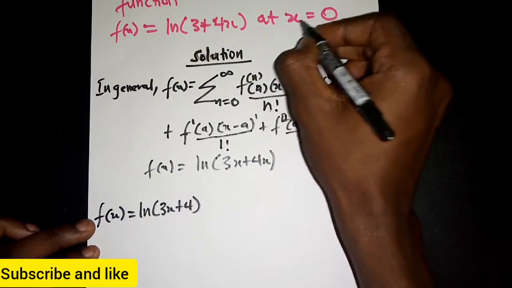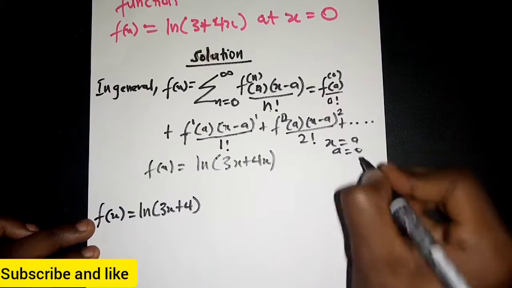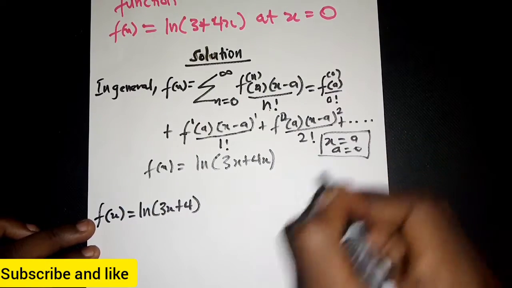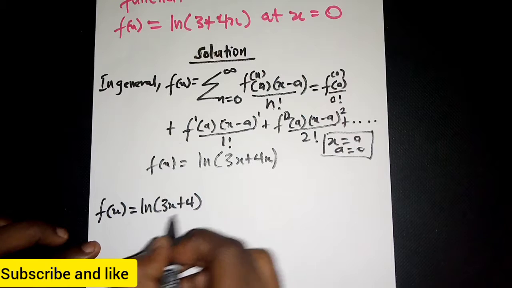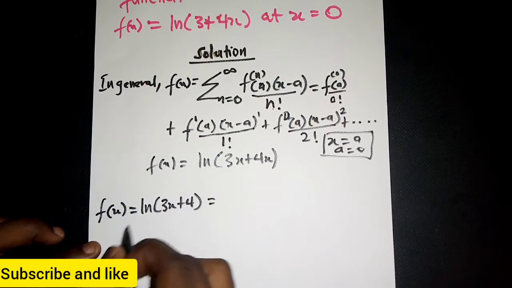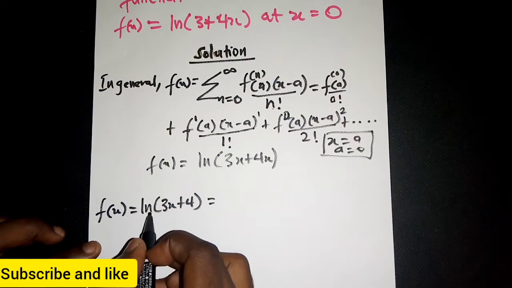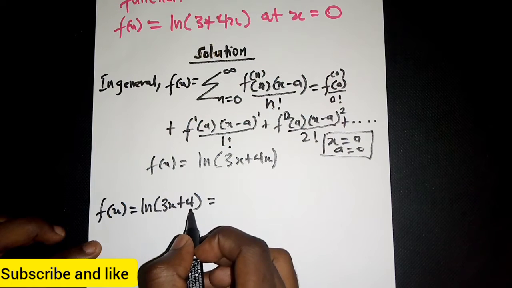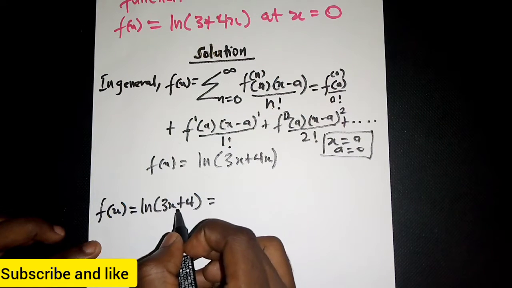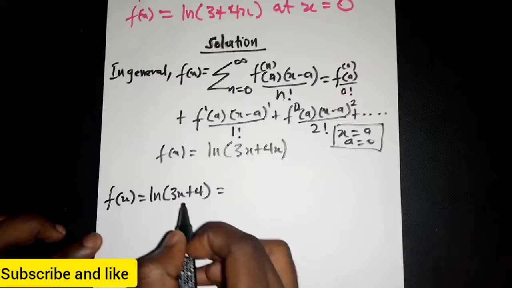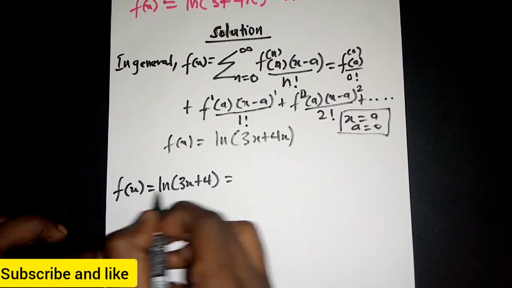So when a is equal to 0, take note of this, we are going to use that. We have f of x being equal to the ln of 3x plus 4.